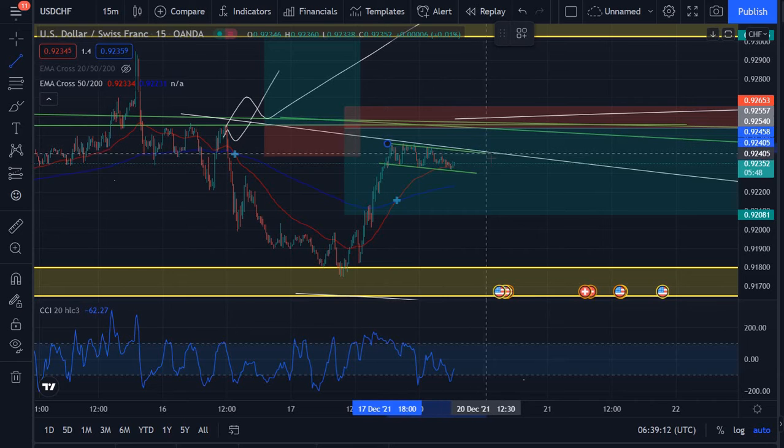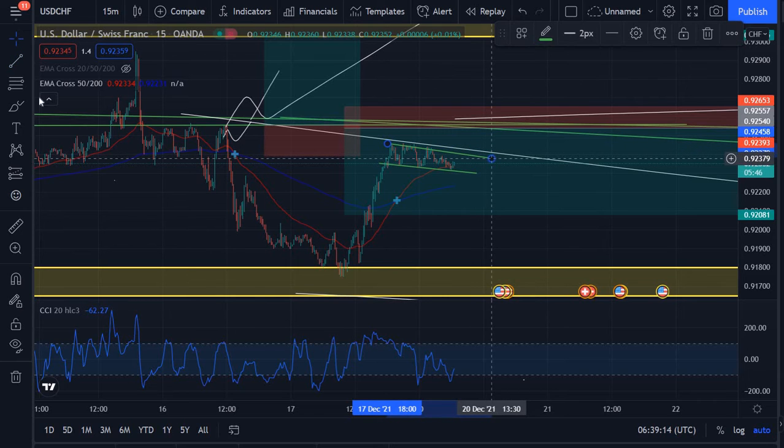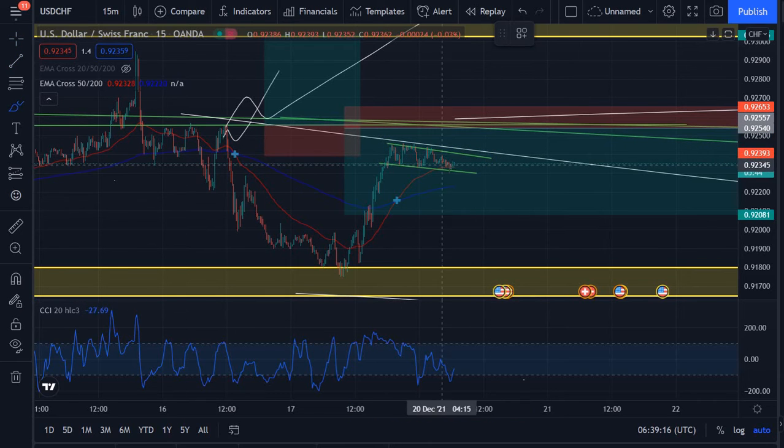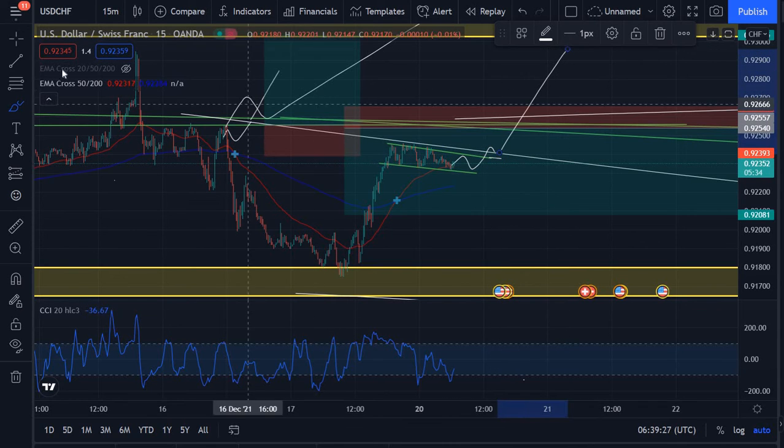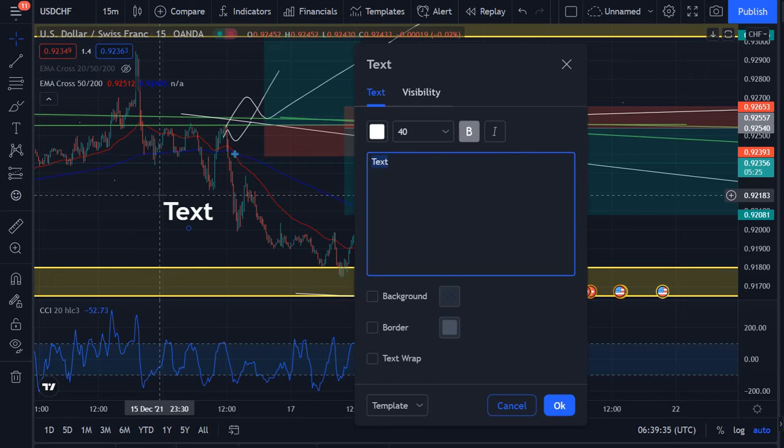So the trade that I would look out for here is a break out of this zone with a bullish candlestick, and this is where I would then enter my trade and target all the way up to the upside. So buy USD.